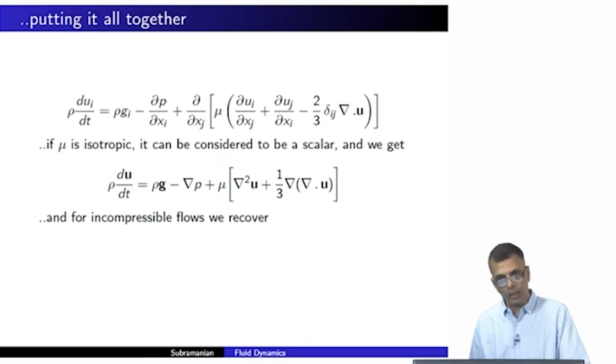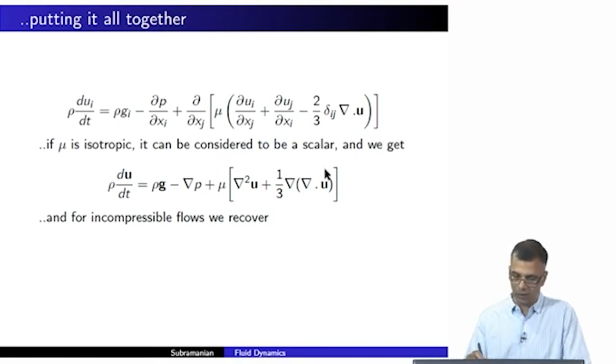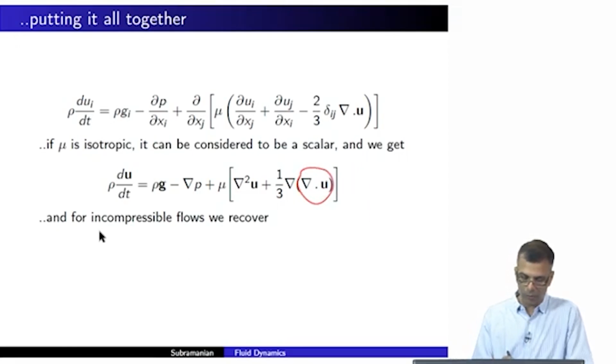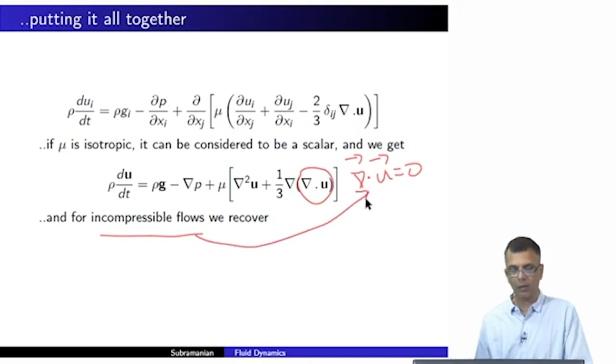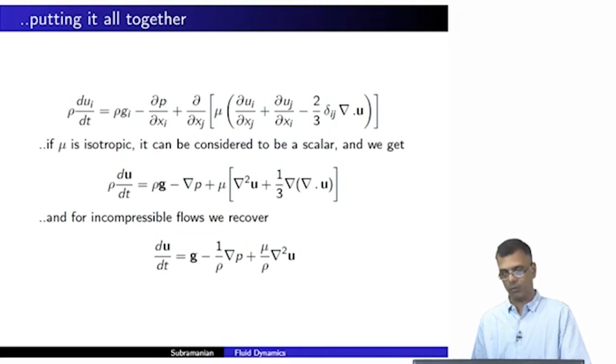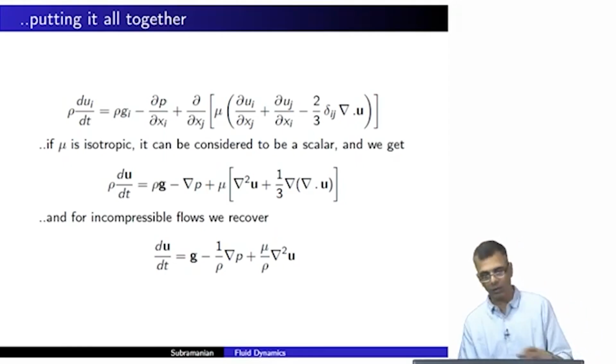And for incompressible flows, for which the divergence of u vanishes, remember, that is what an incompressible flow looks like. You recover this, which is what we had written down from somewhat more intuitive considerations.